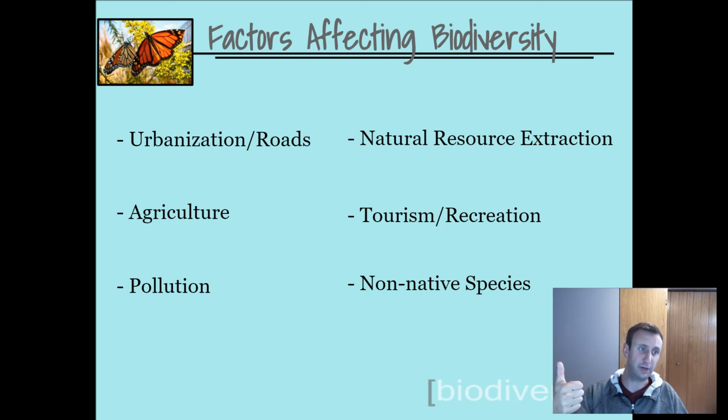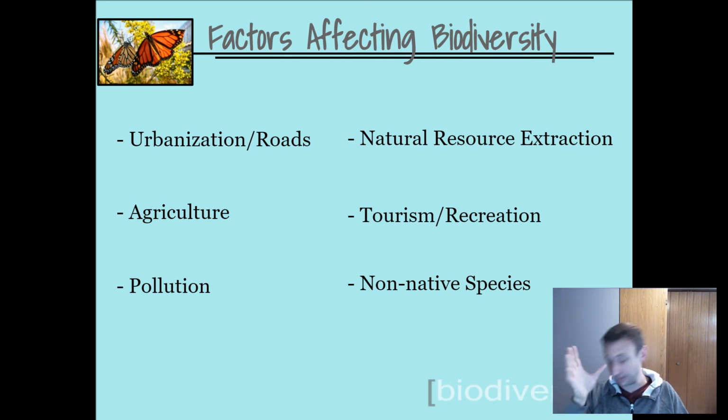Pollution can cause issues too, introducing toxic substances and changing conditions for organisms that they're unable to adapt to. Natural resource extraction is again destroying habitat, clearing things out to make room for taking the natural resources out of the ground.